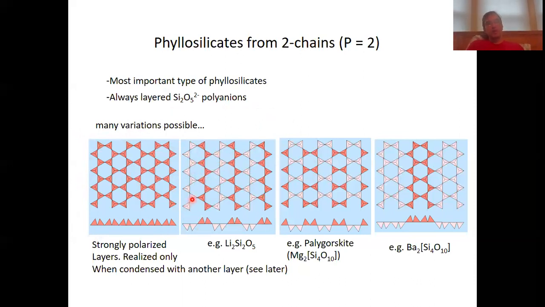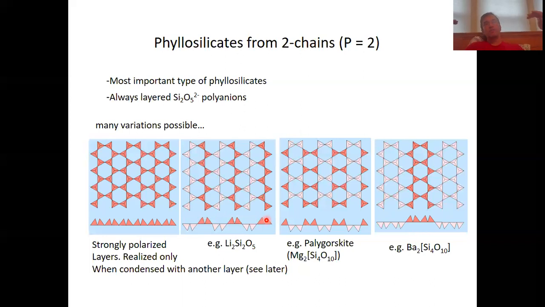So you see again here you have chains with periodicity of 2, but now one chain, and these are the white ones, has the terminal oxygens which carry the negative charge pointing down, shown here, while these red ones, the next chain here, have the terminal oxygens pointing up, and this principle alternates throughout such a layer.